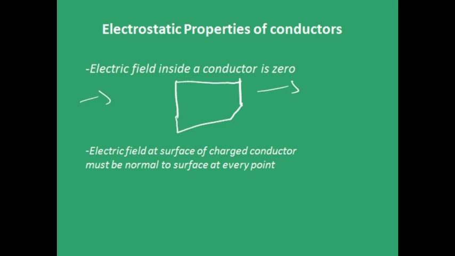Say if you have electric field in this direction, then what happens? All the negative charges come here, some positive charges come here, so that the normal external electric field and the electric field due to these redistributed charges get cancelled, and finally there is no electric field inside a conductor.